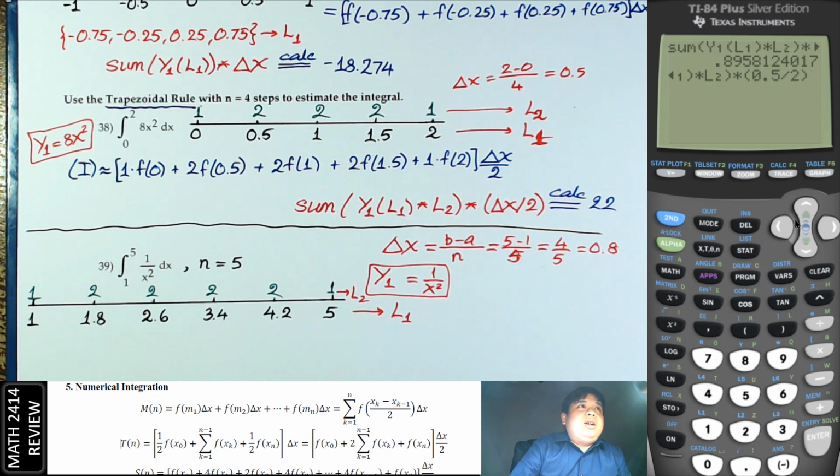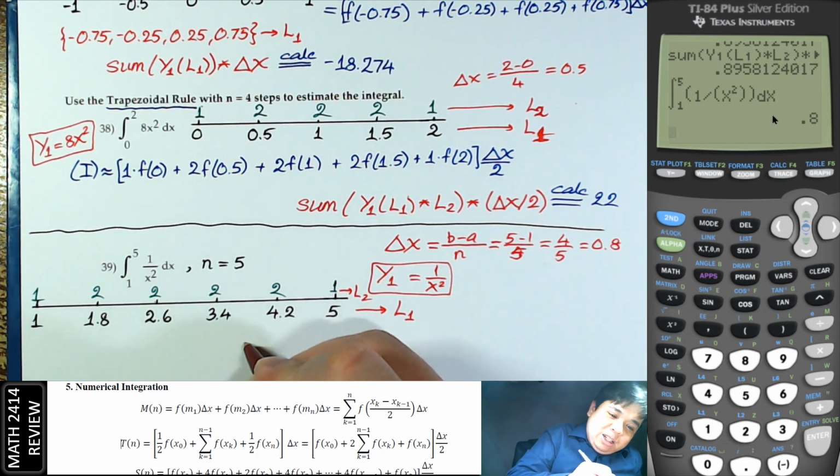That's still the same thing for the trapezoid rule. Now let's check. Go from 1 to 5, 1 over x squared, and that gives us, yeah, a close enough answer.